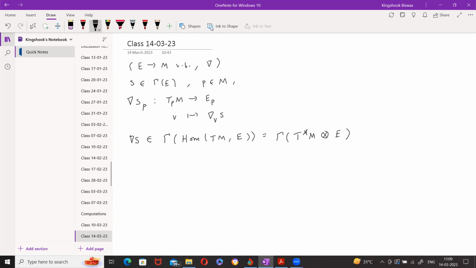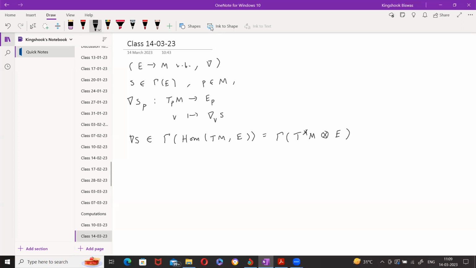So once I've got this nabla S, a section of T star M tensor E, I can think of it as sort of the first derivative of the section S. And now I have an induced connection. I have a connection on T star M, which is the dual connection coming from the Levi-Civita connection on TM.